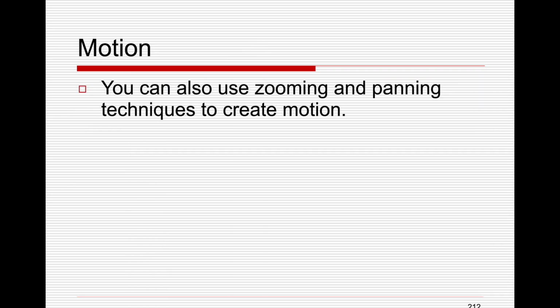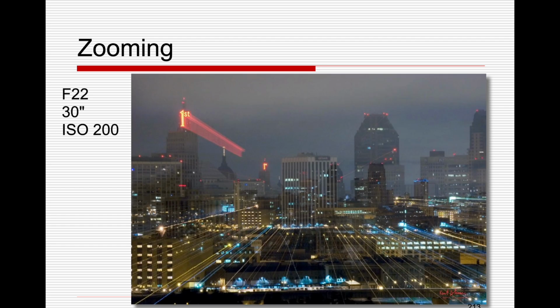You can also use zooming and panning techniques to create motion. Zooming, with this picture, my camera is on a tripod. I've metered and set my exposure using f/22 because I want as long a shutter speed as I can get, and ISO 200, and that helps me get a 30-second exposure.